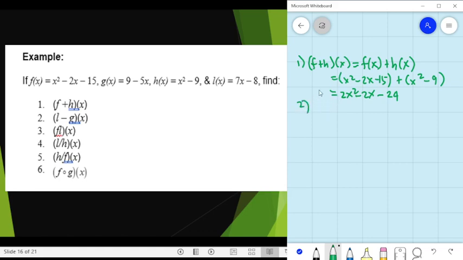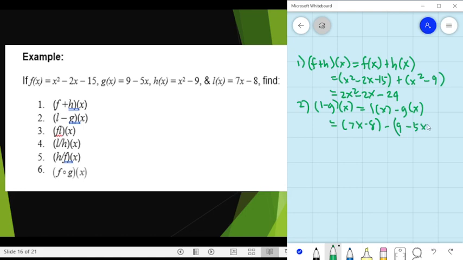Okay, sa general, no? Next is for number 2, we have L minus G of X. Okay, for L minus G of X, it would be equal to L of X minus G of X. So in this case, L of X is equal to 7x minus 8 minus G of X is 9 minus 5x.